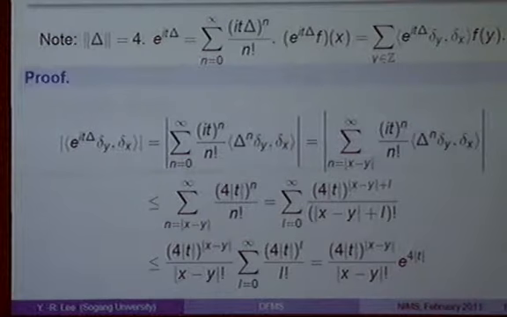And look at this. Isn't it very familiar to you? That is just e to the 4t, right? So we have this one when we take the supremum over that interval. Since we have a bounded operator, such a calculation is possible and very simple.